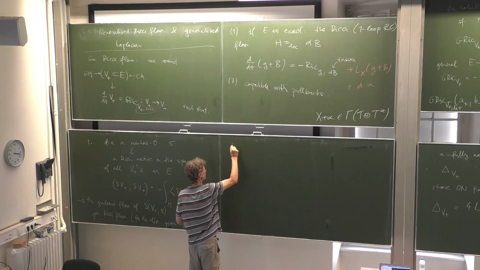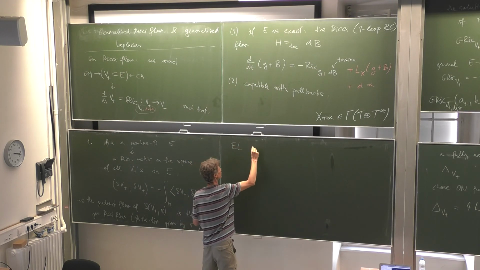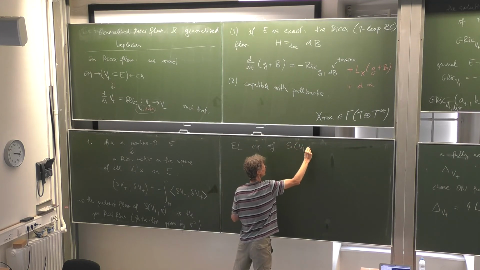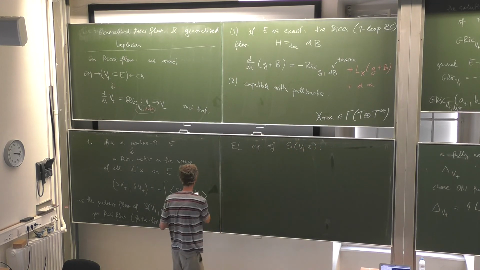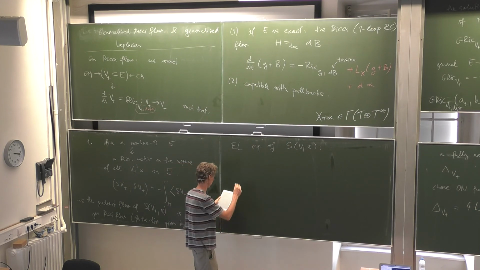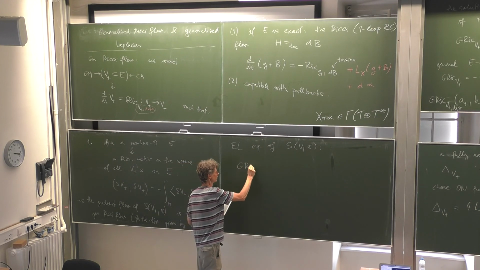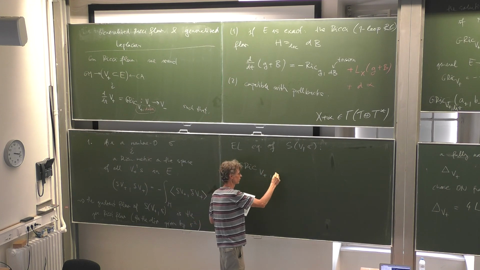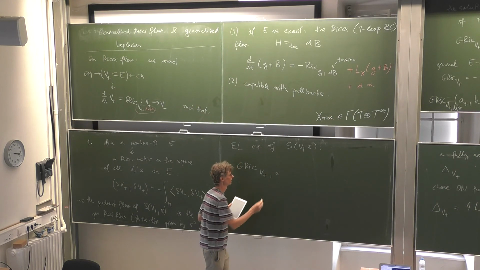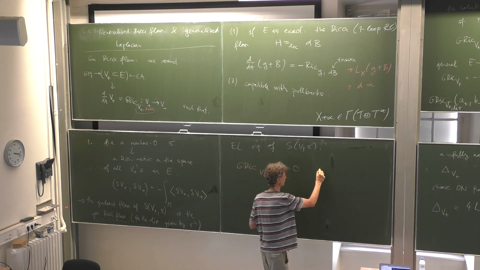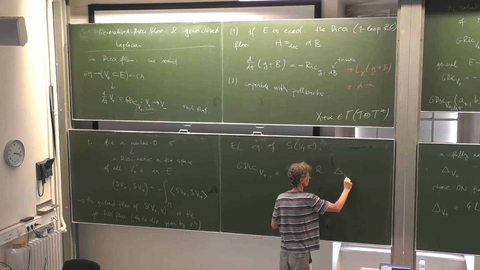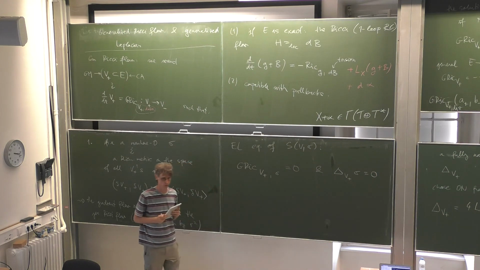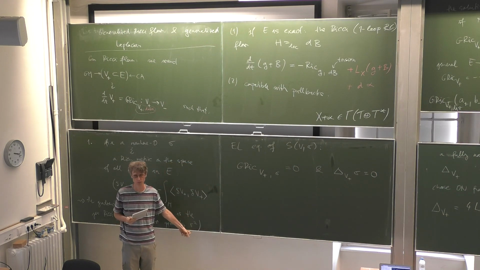Now the Euler-Lagrange equations of S(V+, sigma), that's roughly what's already written here. So they are that this generalized Ricci tensor with the divergence which is given by our sigma is 0, and there's the second equation, that's the equation for sigma, which didn't show up here because here sigma was fixed.